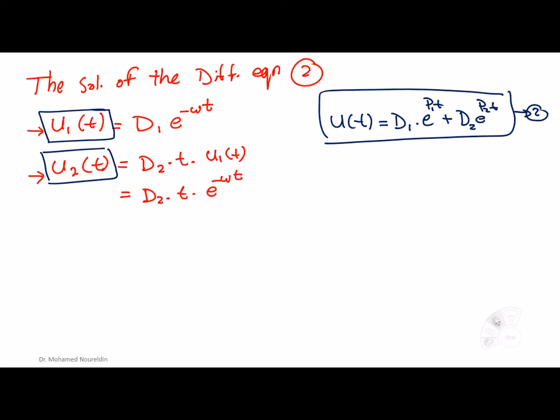If you try to substitute with this first solution here, it will work. And if you substitute with the other solution, d2 times t times u1 of t, which gives d2 t times e to the minus omega t, it doesn't matter whether the constant is d2 or d3 or whatever, it's a constant.